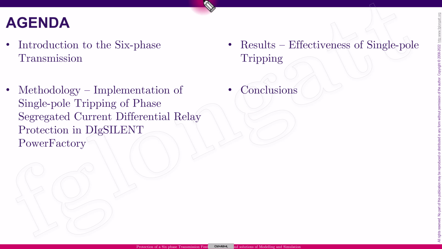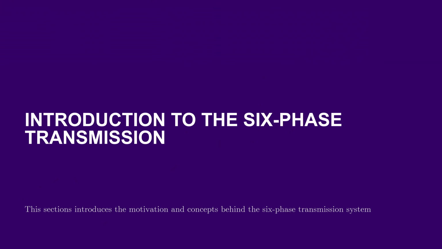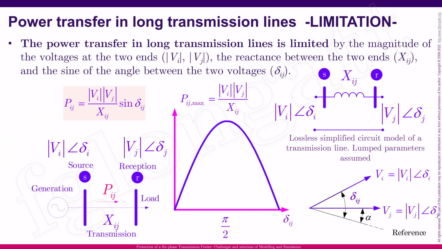But let's start with a short introduction. We have been using the three-phase AC system for many years, and the reason is basically an economic reason. However, the three-phase system has some limitations. Every one of you must remember this basic equation that defines the power transfer that can be used for lossless transmission lines.